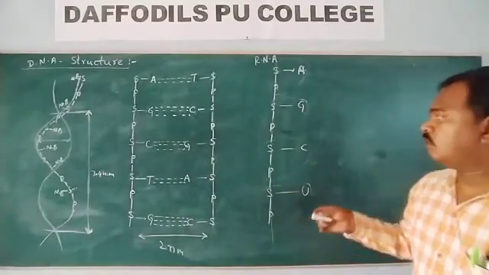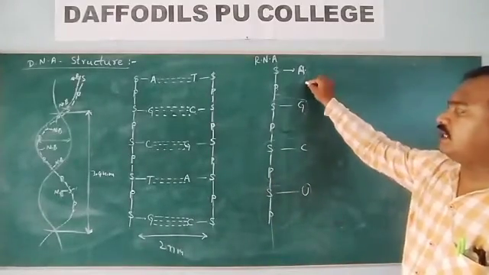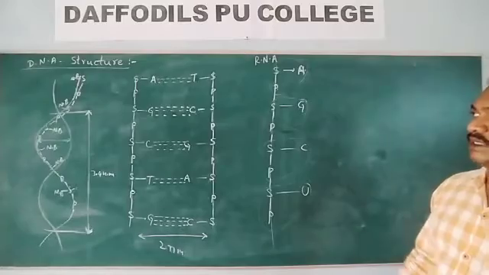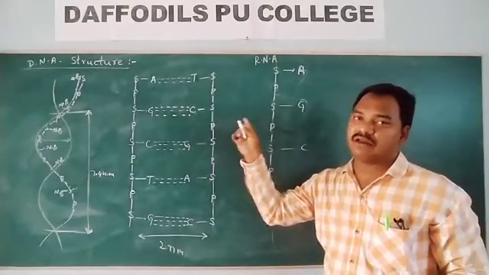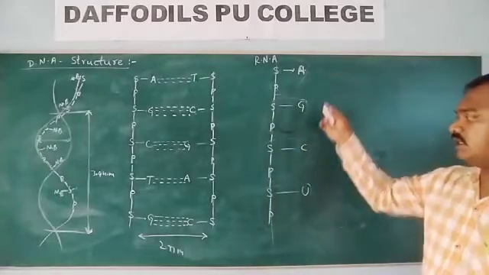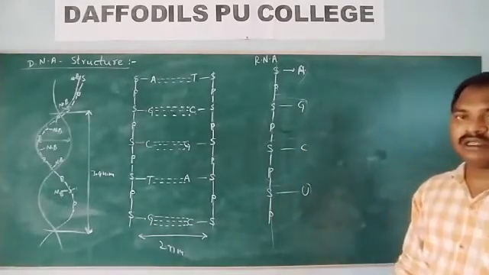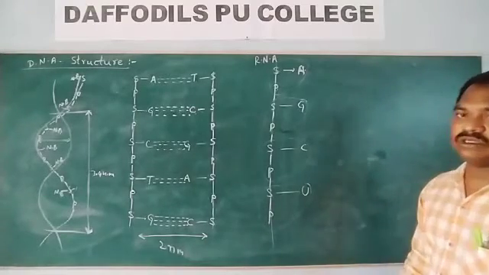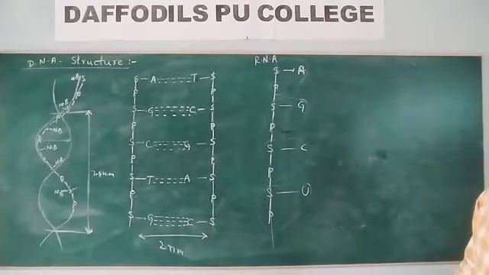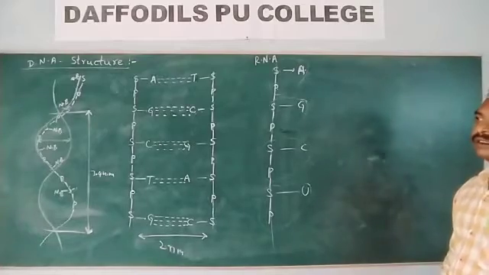So there is no equality between these nitrogen bases. In DNA, adenine content is equal to thymine and guanine content is equal to cytosine, but here you can't see the same proportion of different nitrogen bases. That is one of the major differences.